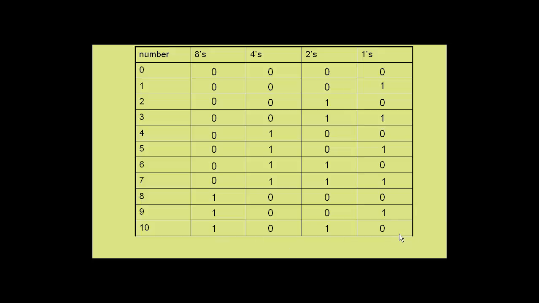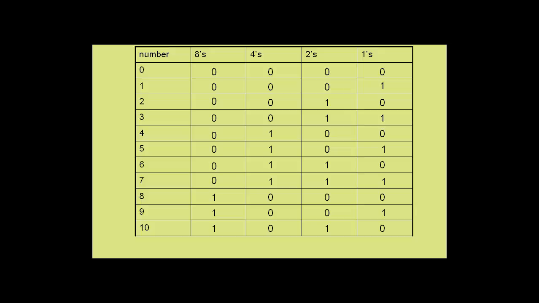With 4 columns like this, the maximum number we could get to would be 1 eight, 1 four, 1 two, and 1 one, which is 8 plus 4 plus 2 plus 1, which is 15. To get to higher numbers, we'd need to introduce a fifth or further columns.